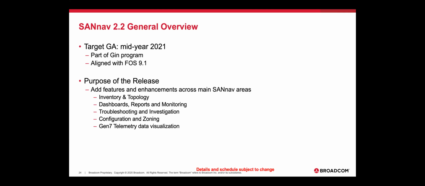So this release is going to be, in my opinion, a fairly significant release for SANNav, because we have plans to add many enhancements on usability, on workflows, on addressing most common use cases in all areas of SANNav. You can see here inventory, topology, dashboards, reports, monitoring, troubleshooting and investigations, configurations and zoning.